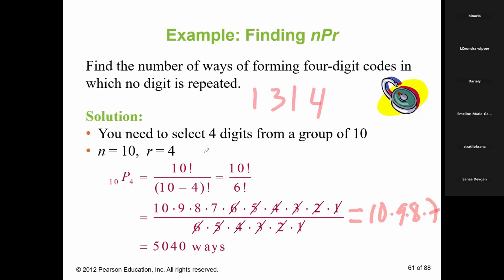Why is this one not good? Because we repeat a number. Which number do you repeat here? One. So therefore, we cannot repeat. Later on, you're going to use a different formula if you want to repeat a digit. That's permutation, okay? Got it?